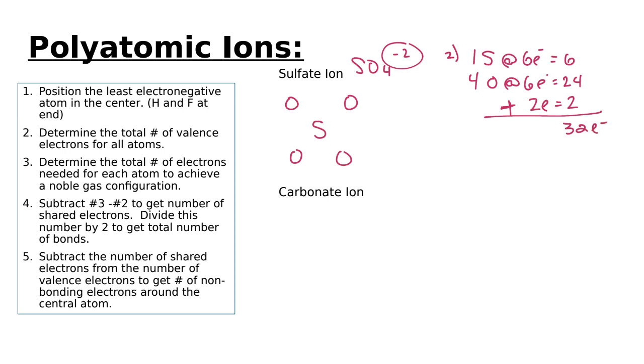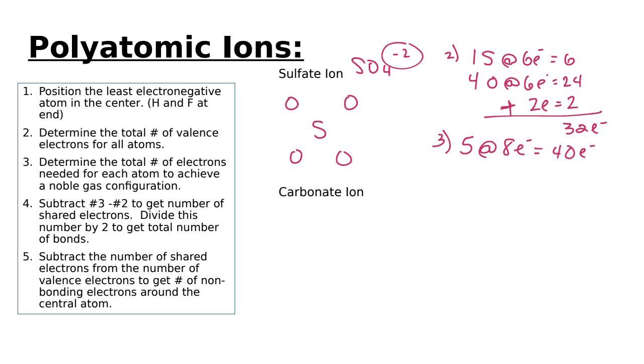Step 3 says determine the total number of electrons needed for each atom to achieve a noble gas configuration. Well, noble gases like to have 8 valence electrons, and I have 1 sulfur and 4 oxygens. I have 5 atoms that would like to have 8 electrons. 5 times 8 is equal to 40.